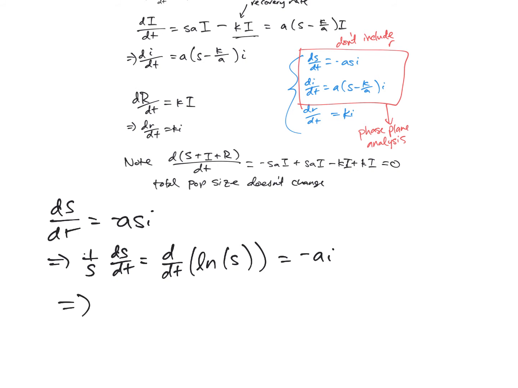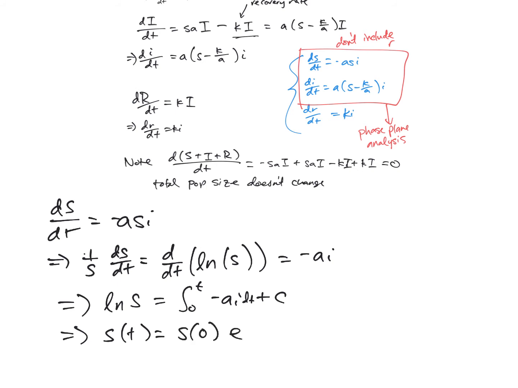So if we integrate from 0 to t, we get that the ln of S equals the integral from 0 to t of negative aI plus a constant dt. And if we solve that, we get S of t equals the initial value times e to the integral from 0 to t of negative aI dt.